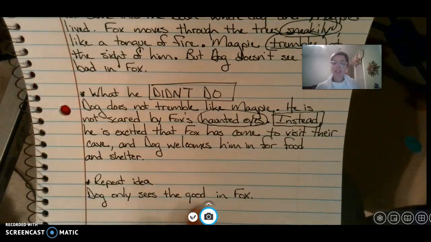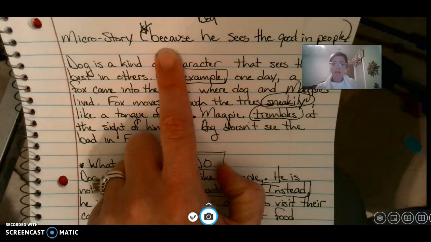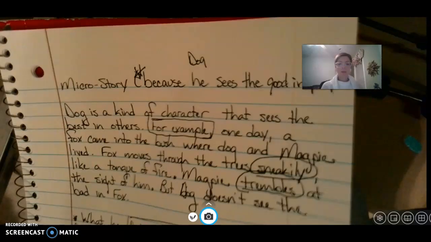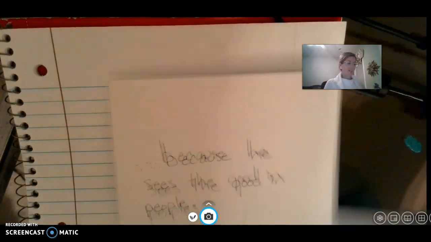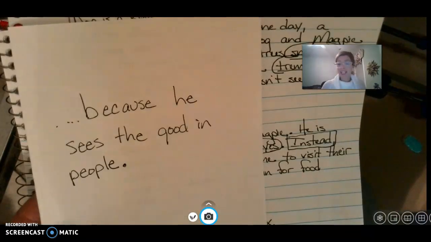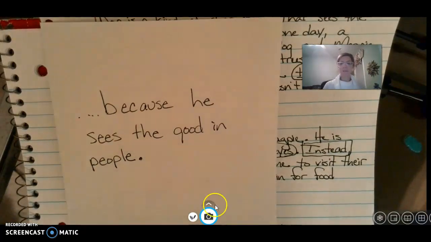Dog only sees the good in Fox. So I have created a couple mini stories that support Dog is a good friend because he sees the good in people. So what I could do today is tear out that page, and then I can stick it inside of my folder. So I know right there I have collected some evidence that supports this reason, because he sees the good in people.